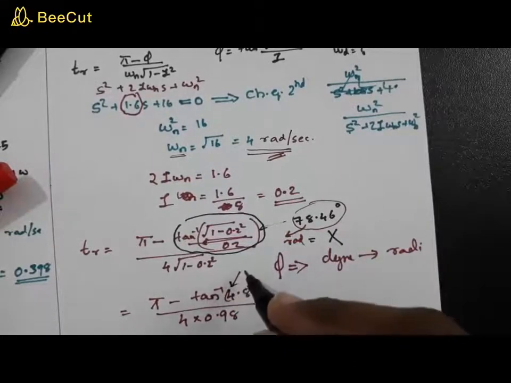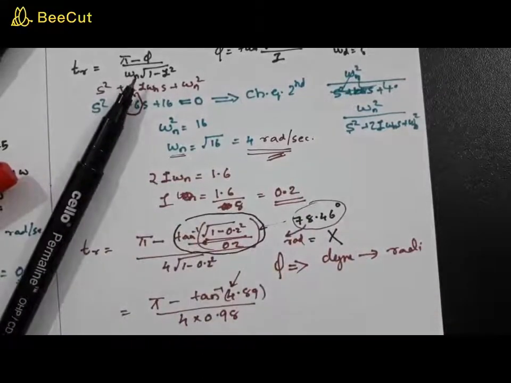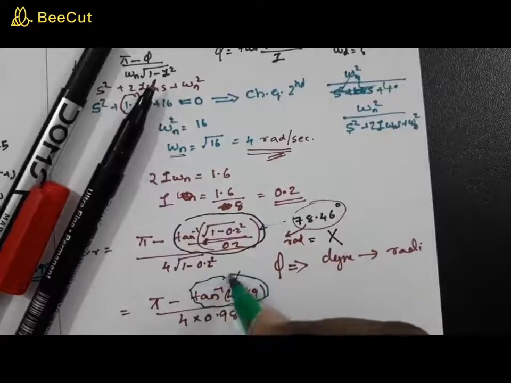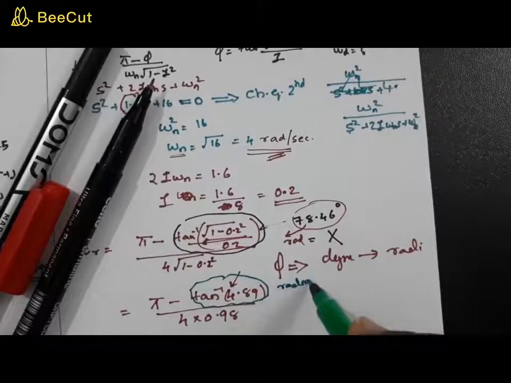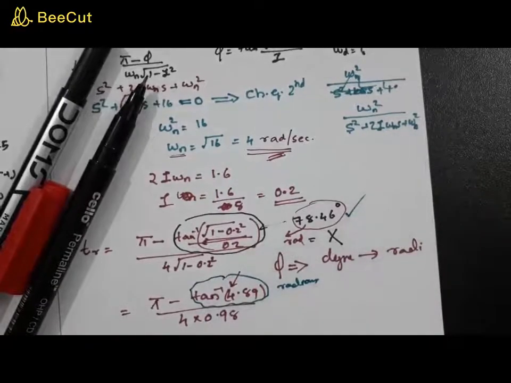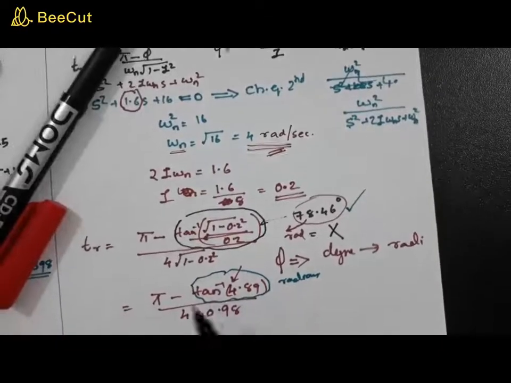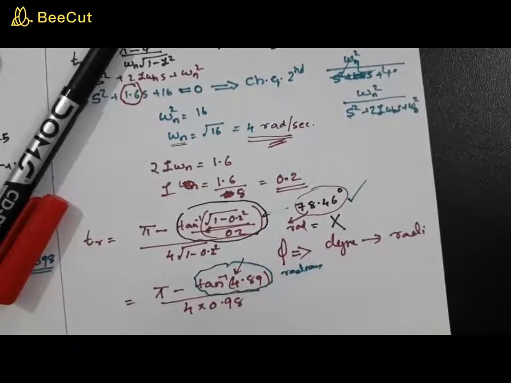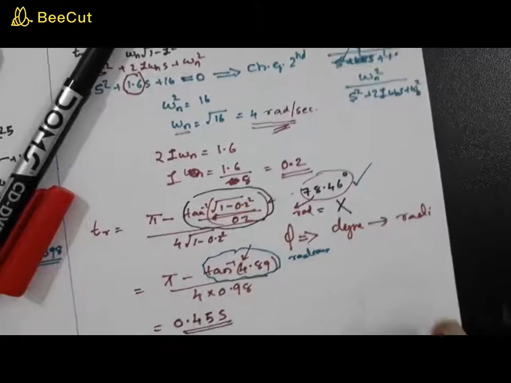This is very important: the value should be in radians, and you may be getting 78.46 in your calculator. You need to convert that into radians and then substitute here pi minus that value of phi in radians divided by 4.98. You will be getting it as 0.45 seconds. Okay, this is TR. Right.